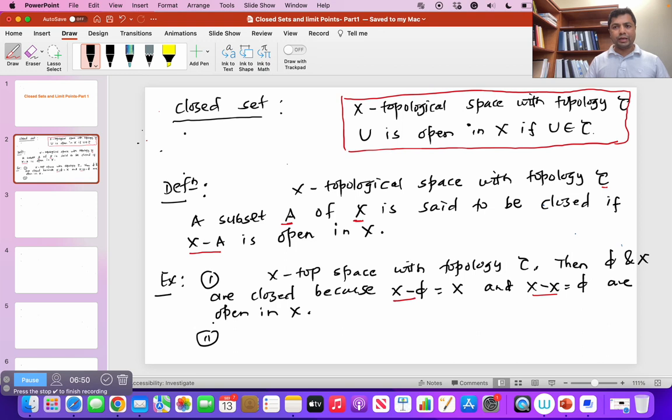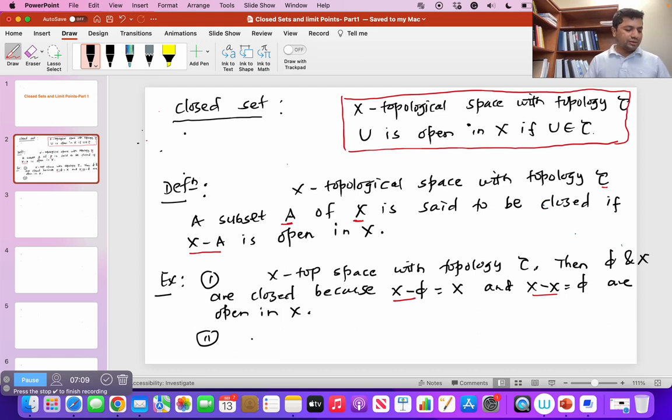If you take a topological space, then the empty subset of that topological space and the whole topological space are both open and closed. So in topology, you can have a set which is both closed and open.